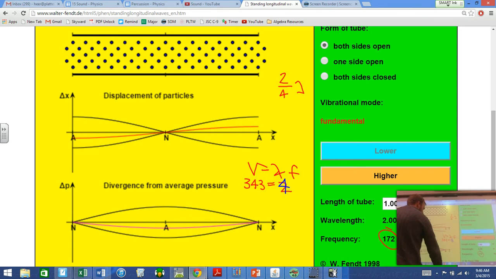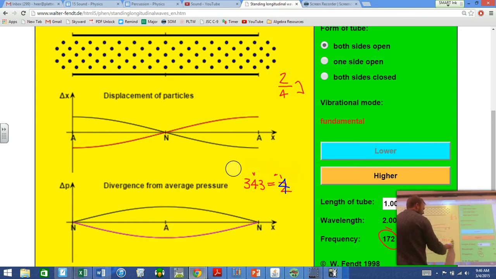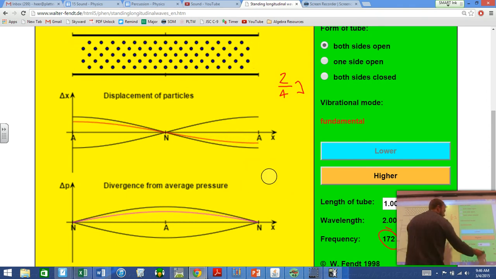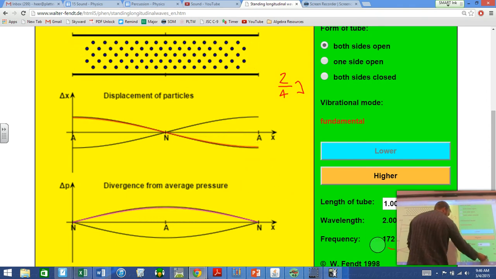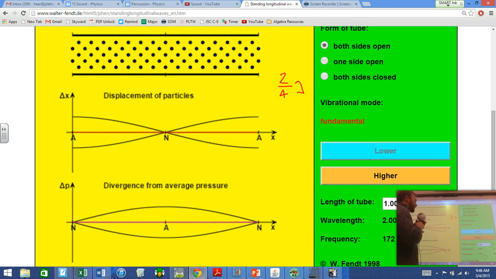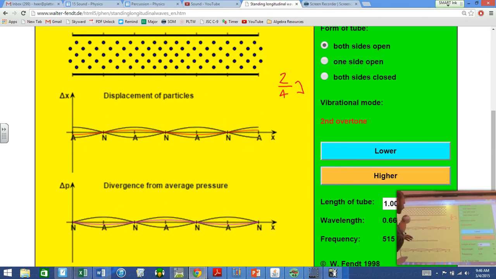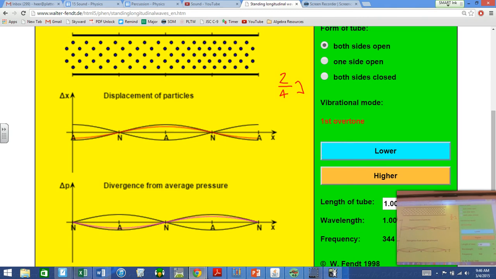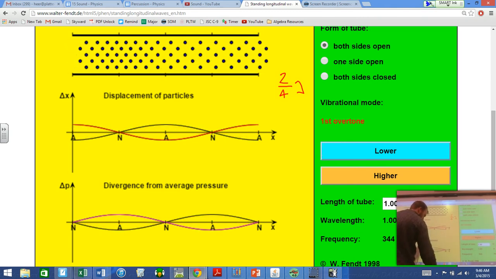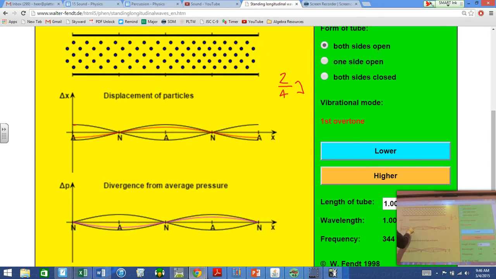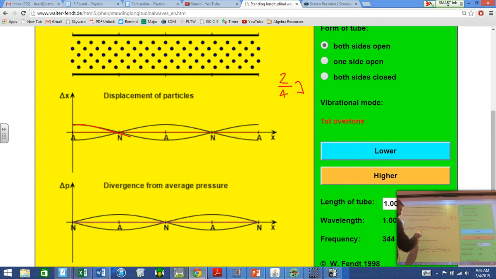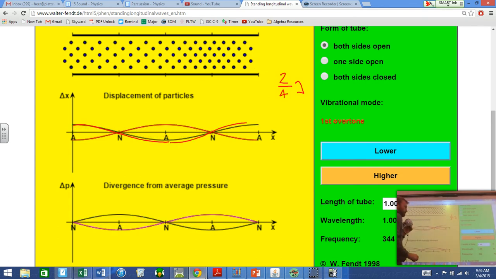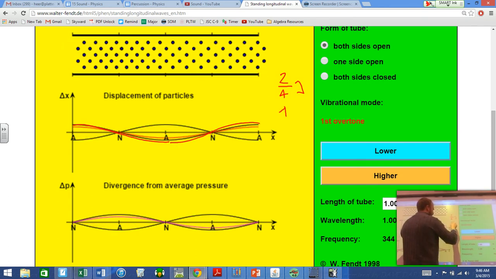Now let's step up and see the other frequencies that resonate here and see if we can see a pattern like there was last time. So I'll go one higher. What do we got here? 1/4, 2/4, 3/4, 4/4. So 1 full wavelength.